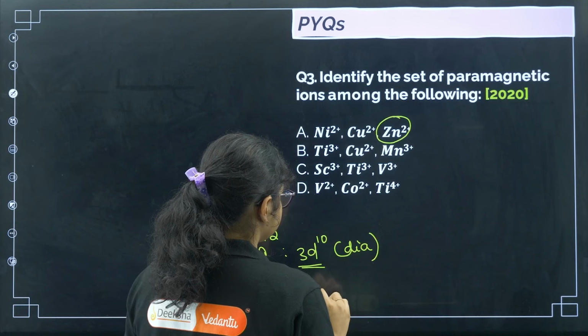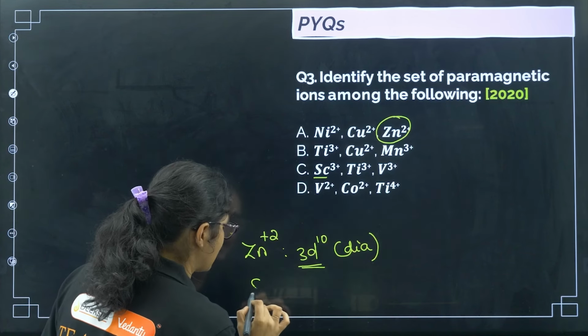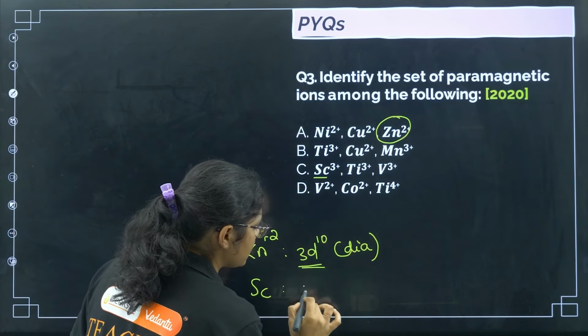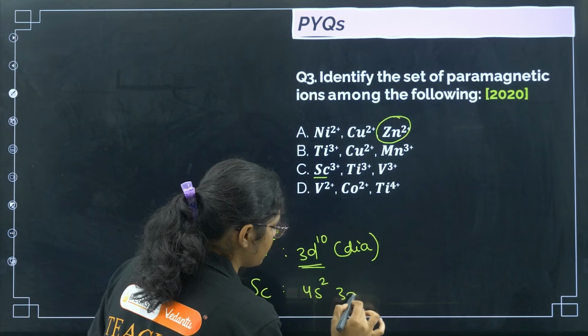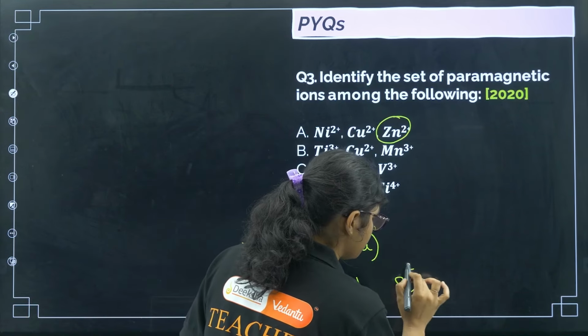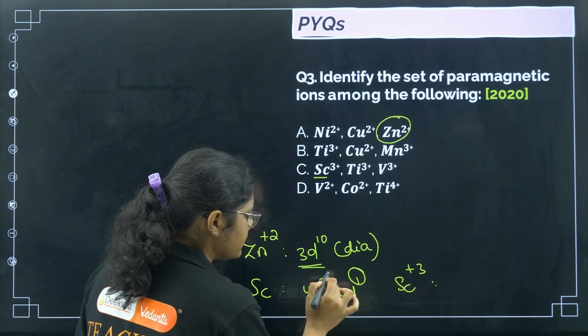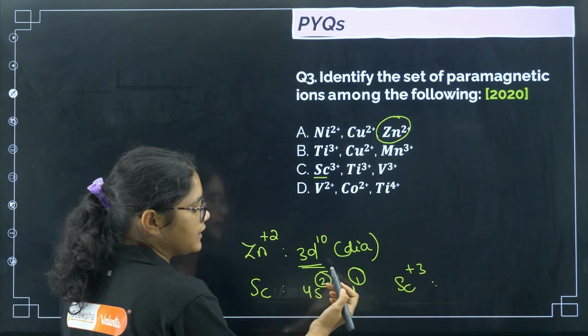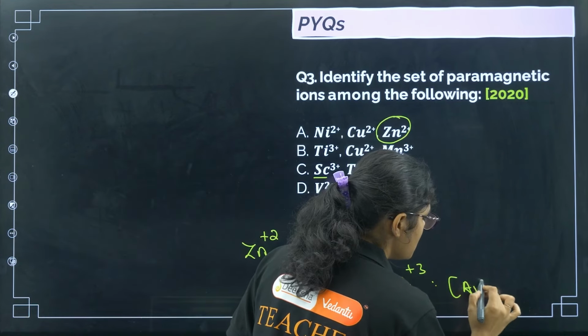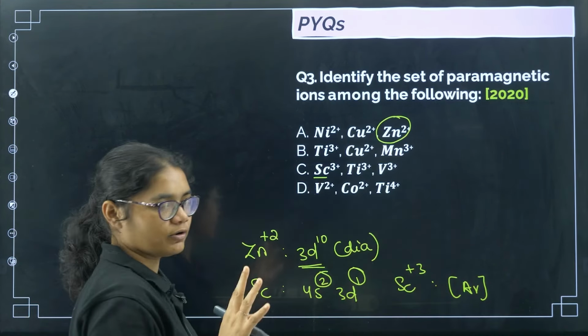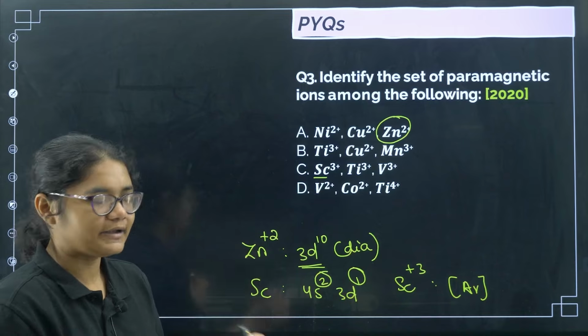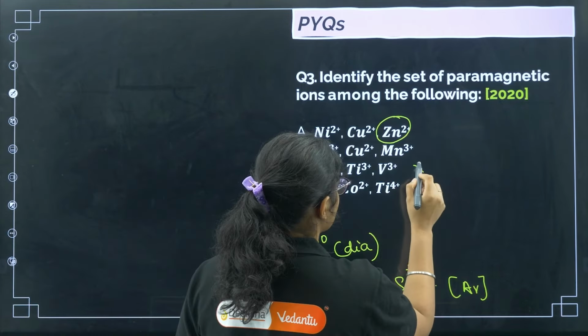Now if I see scandium, what is the scandium electronic configuration? Atomic number 21, 4s2 3d1. Now for scandium 3+, all its electrons will go, 4s2 will also go, 3d will go, so it is only argon. Argon has a fully filled electronic configuration, so that is also diamagnetic. So I can eliminate this option also.